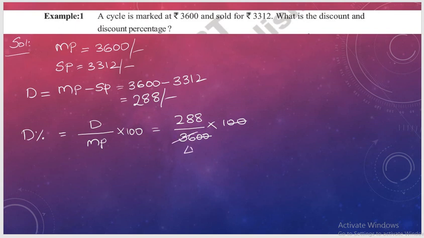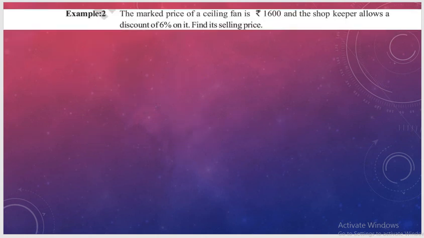In the 4 table, 4 9s are 36. In the 4 table, 4 7s are 28. 4 2s are 8. Next again in the 9 table, 9 8s are 72. So what is the percentage here? We got 8%. So the discount percentage for this particular problem is nothing but 8%.